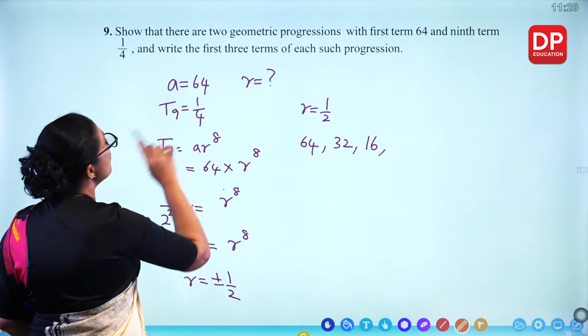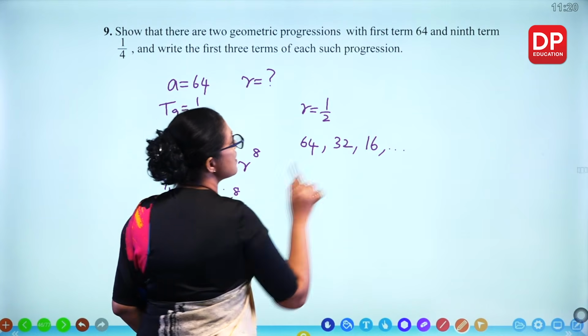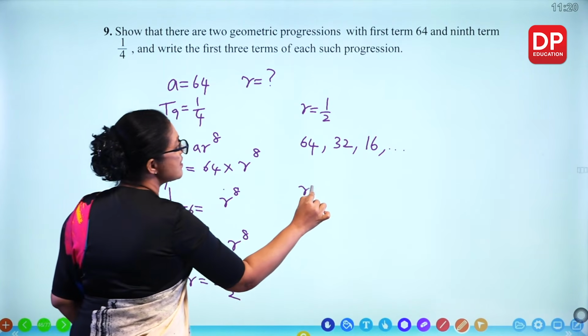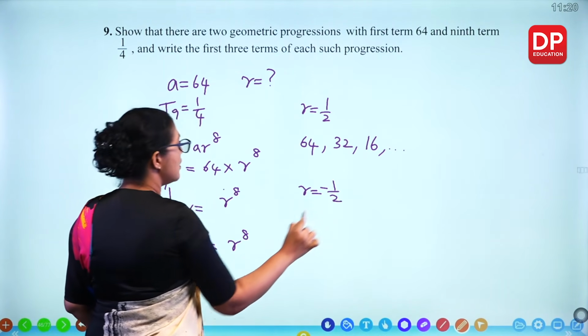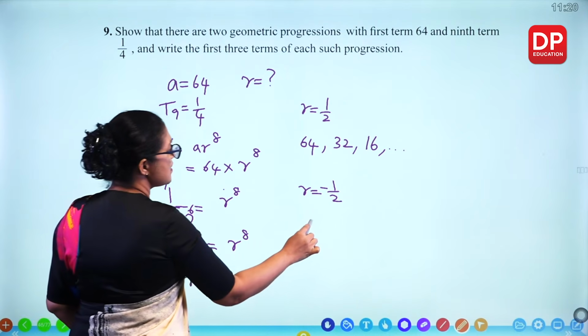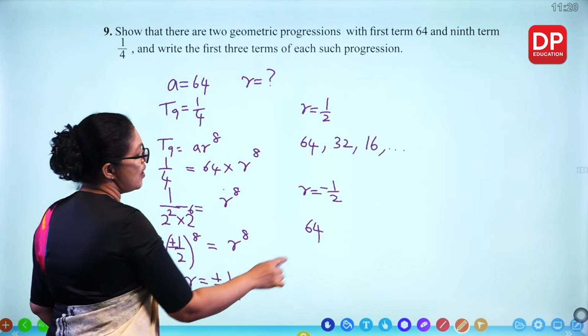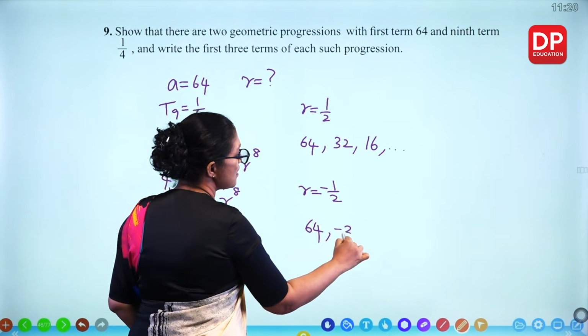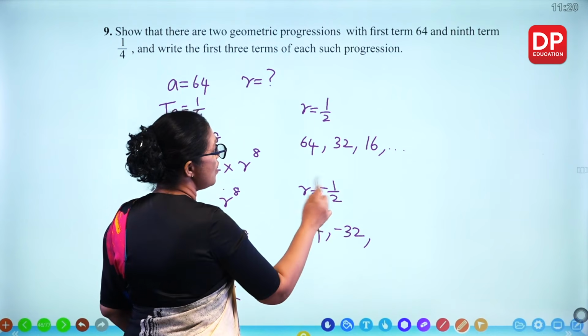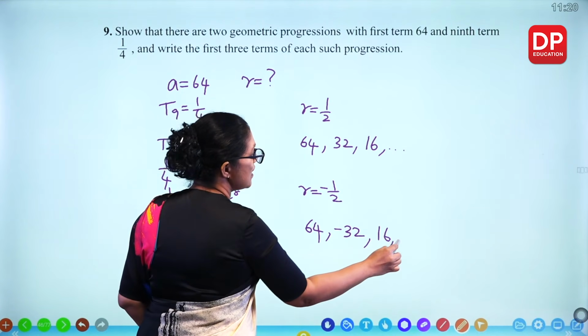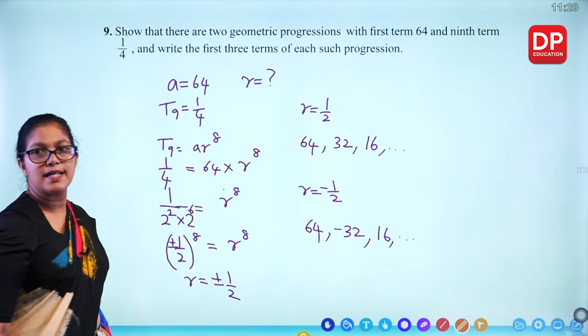But you need only the first three terms. If r is negative half, what's the answer? First term is 64. Then the second term becomes minus 32 and the third term is plus 16.